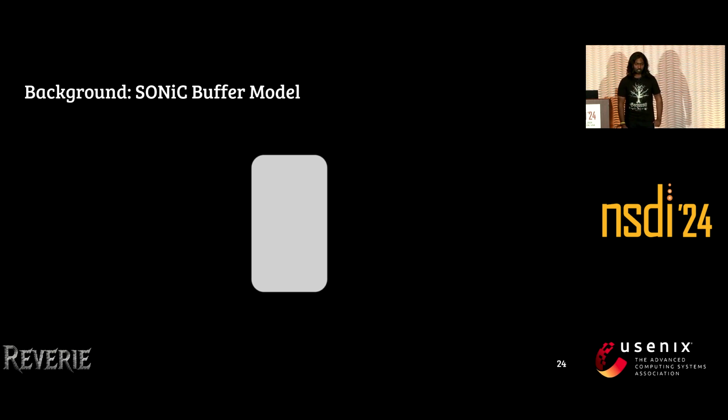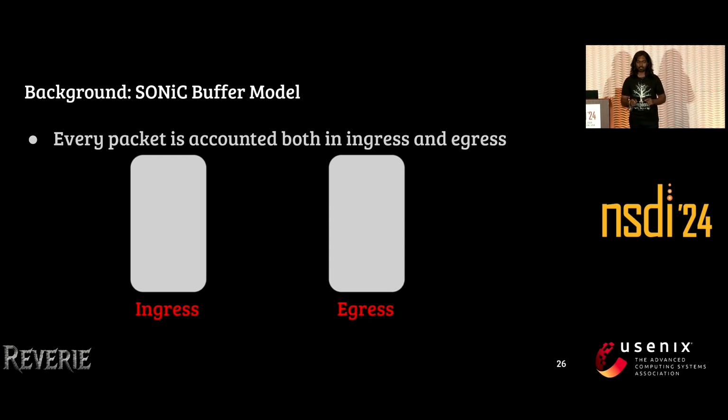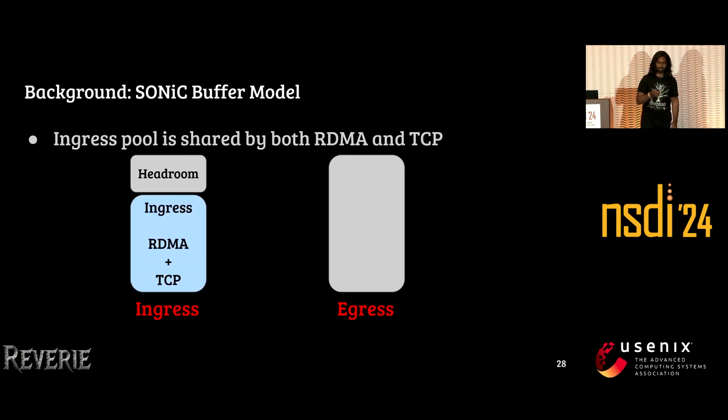So here we're looking at a single piece of buffer. SONiC views this buffer in two different views, from the ingress perspective and from the egress perspective. Every packet is accounted twice, once in the ingress, once in the egress. The buffer is further logically divided into so-called pools. In the ingress, there is an ingress shared pool, which is shared across RDMA and TCP.